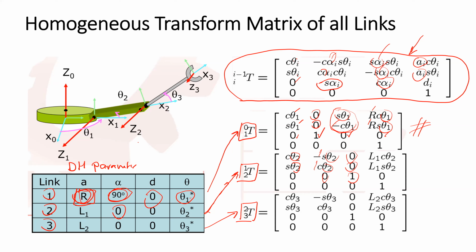And the link length is L1. Cosine theta, sine theta. Offset 0. And 0, 0, 1. For the third homogeneous transform that relates frame 3 to frame 2, we have the same pattern of the parameters, so the matrix also has the same pattern.